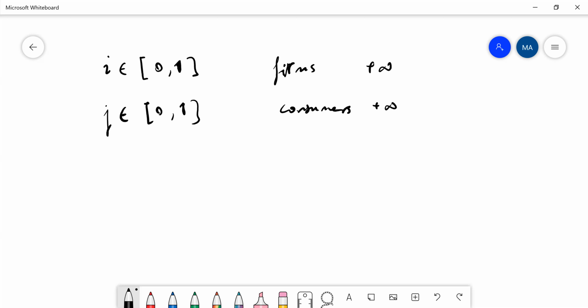But here, in this toy model, I have only one consumer and one firm. Well, it is not a big problem because these firms and consumers are identical, okay?